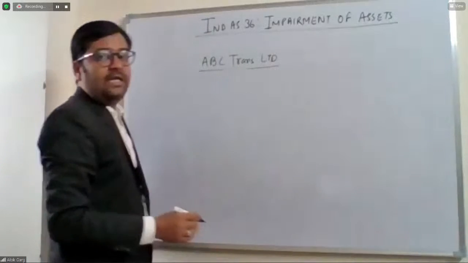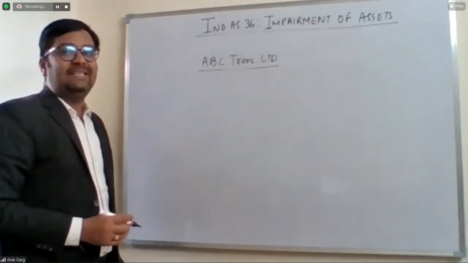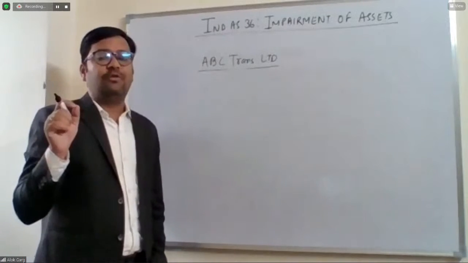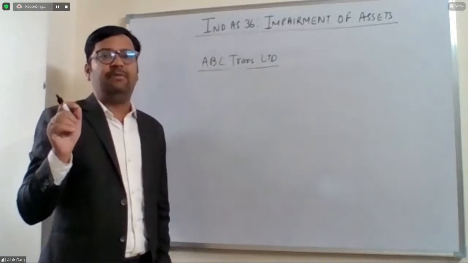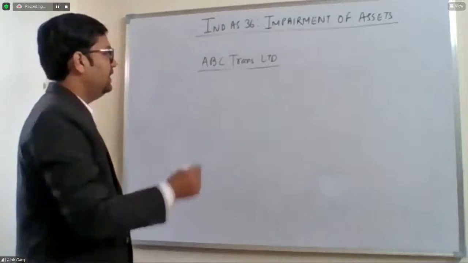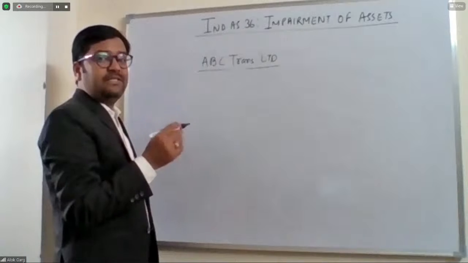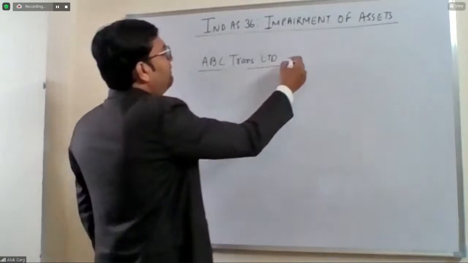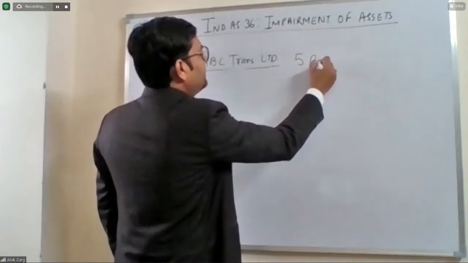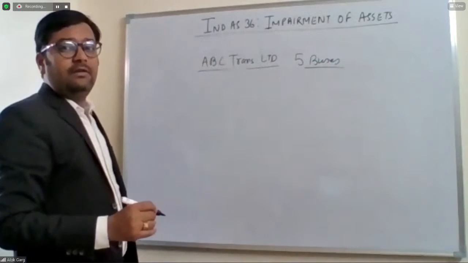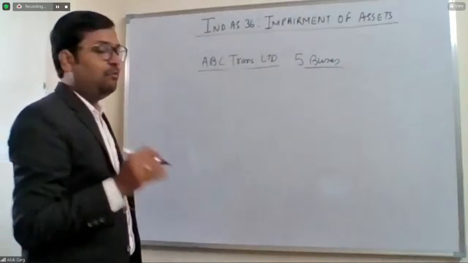This ABC Transport Limited got a permit, a license to run buses in Delhi. The government has given a license to run five buses on 5 different routes. So there are 5 buses in the company.